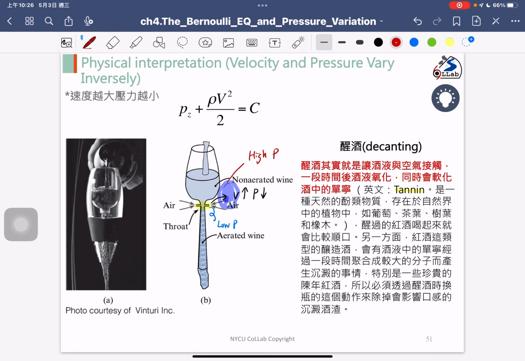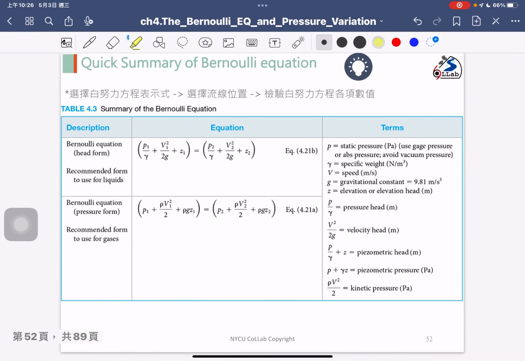If we apply the Bernoulli equation, we certainly know high speed results in small pressure. Okay, so let me quickly summarize the Bernoulli equation in the head form and in the pressure form.